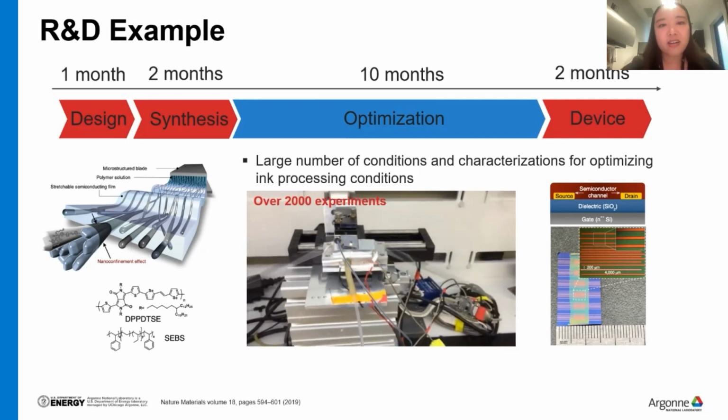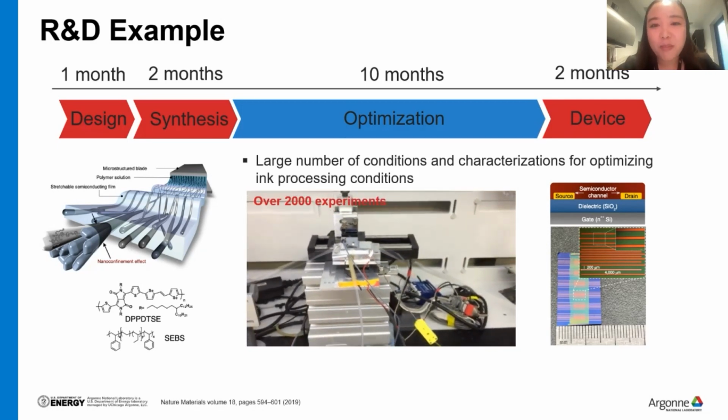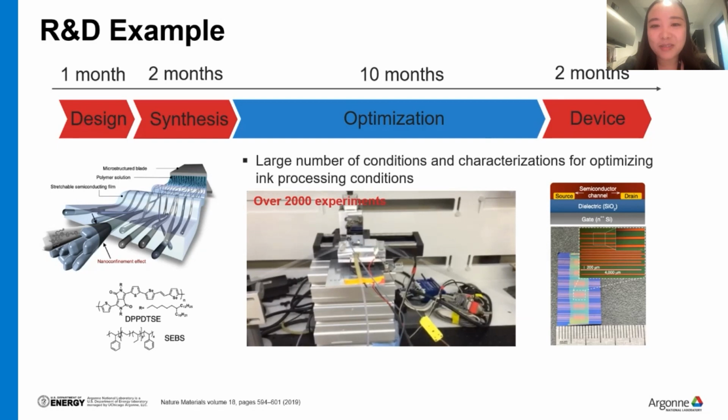You see here, we spend a month to design the strategy we're going to use to enable our goal. Then we spend 2 months to synthesize all the materials required for this study. Then we spend 10 months to do the repeated device fabrication and data analysis to do the optimization.